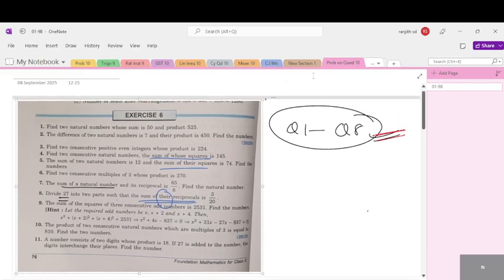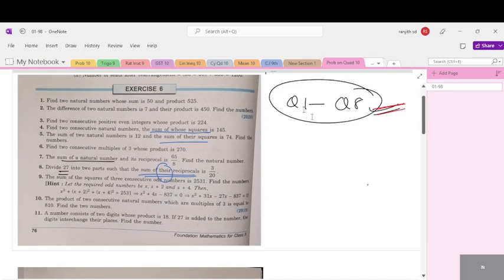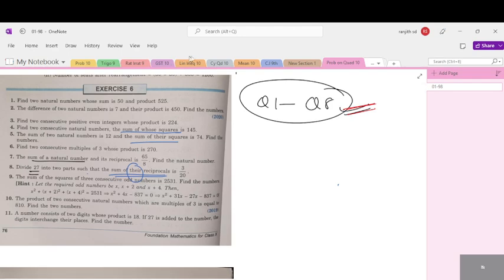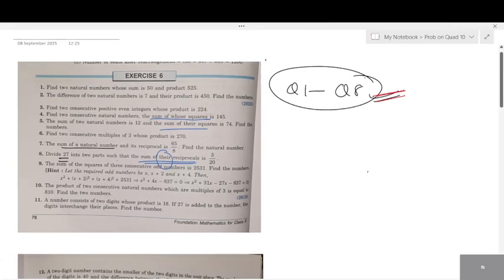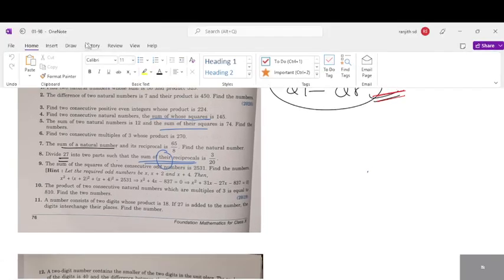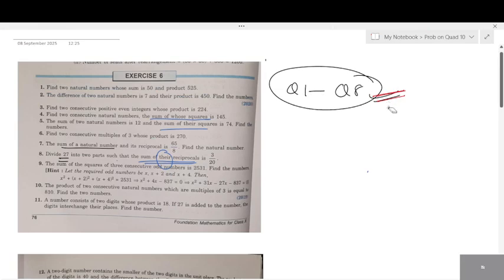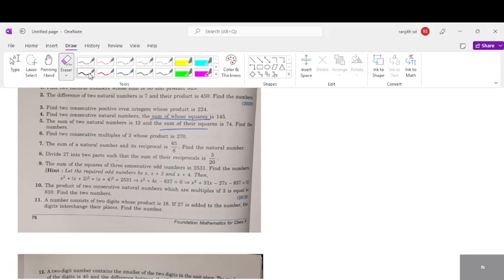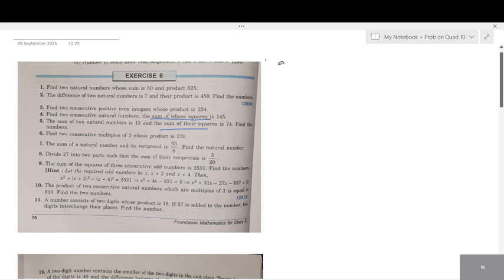I have written 1 to 8. How many questions, students? Can you check and tell me, is it 1 to 8?